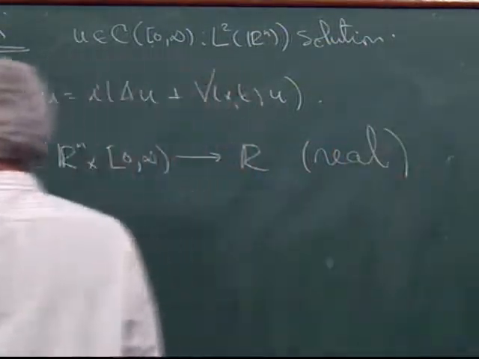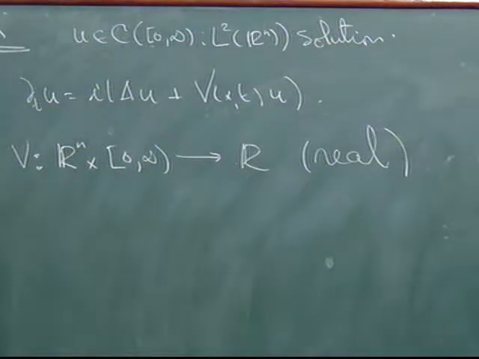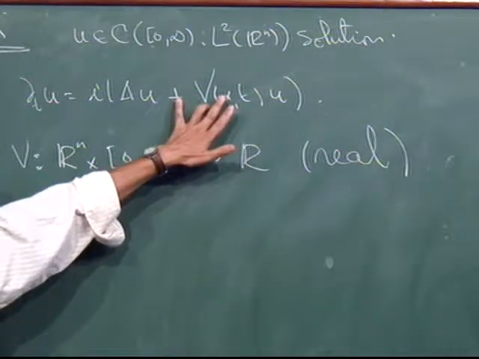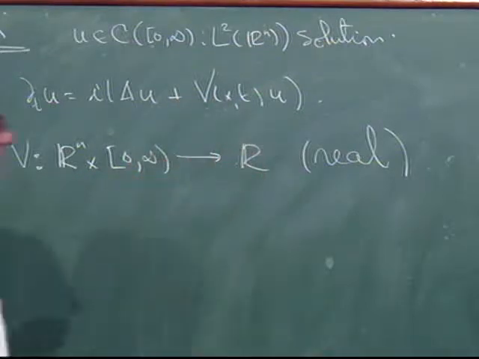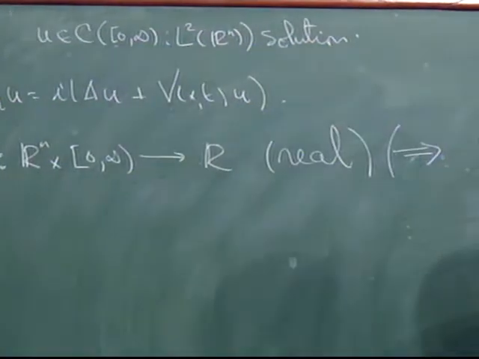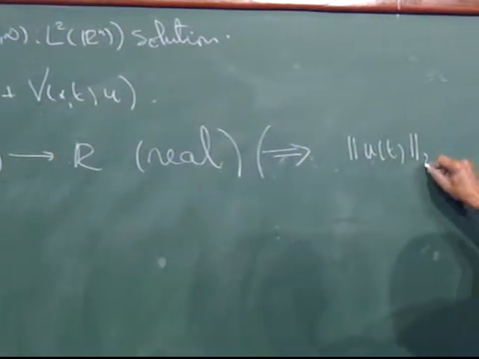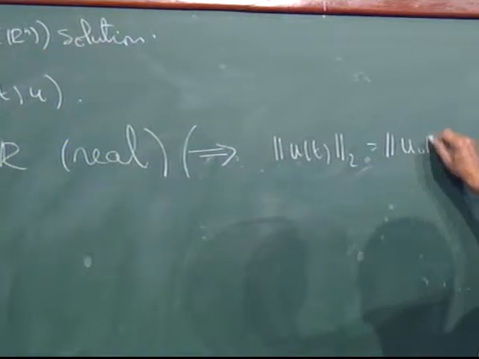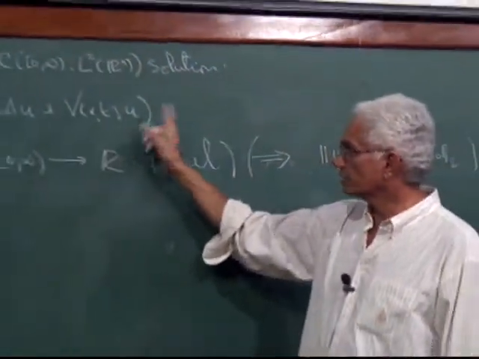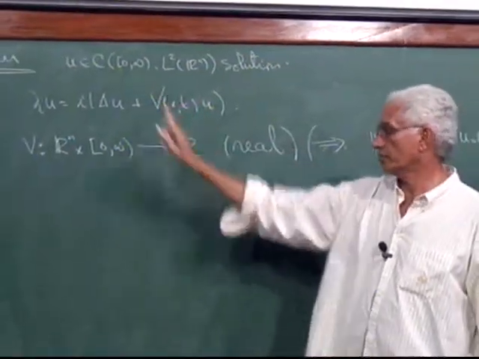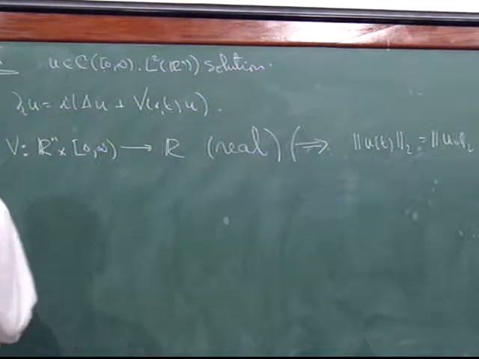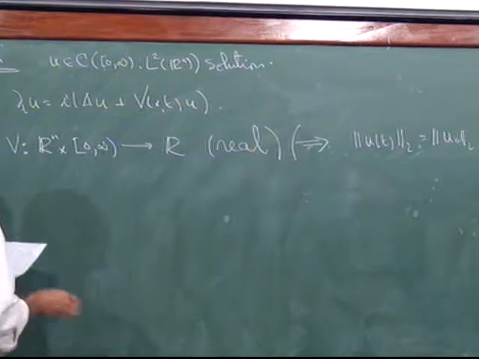This is a big difference. We are not assuming real there. Why do you want to assume that this is real? Because if this potential is real, you preserve the L2 norm. You only need this to say that the L2 norm of your solution is constant. When you multiply by u conjugate here, and conjugate here, you integrate by parts, this part disappears. Real. This is the only thing that you need.